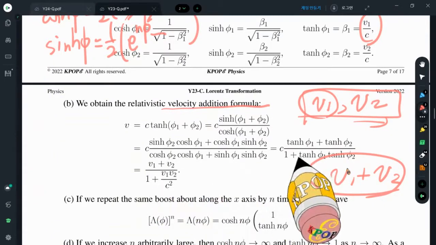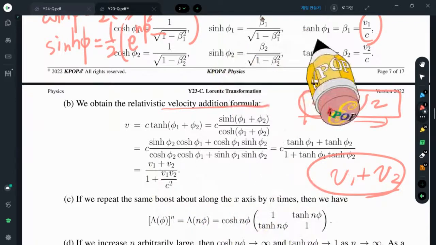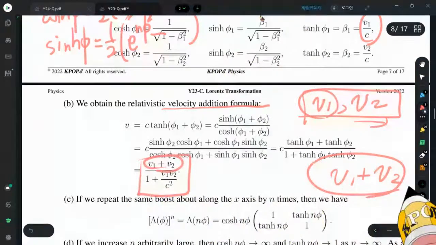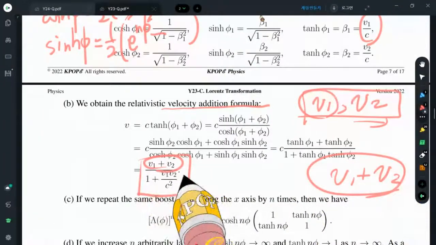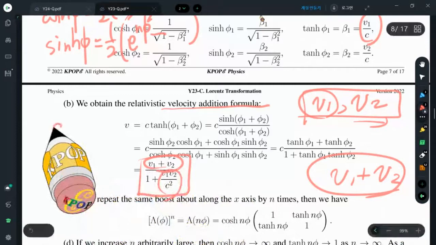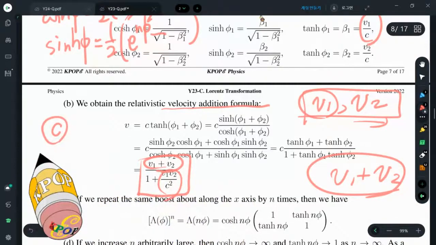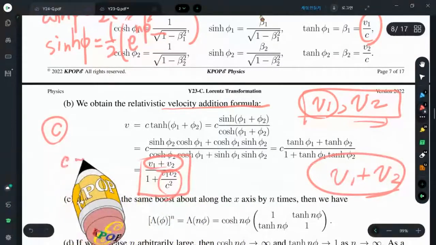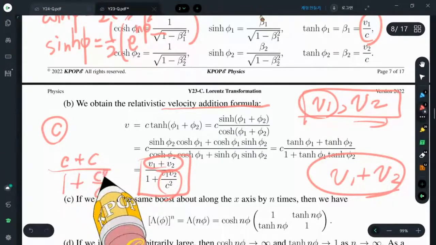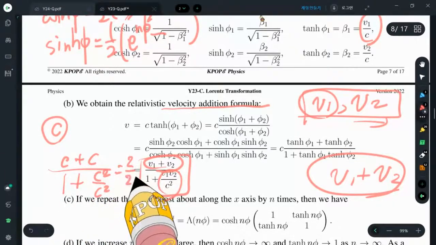Instead, its value, according to our analysis, is the sum of the two velocities divided by something else. And even in the case you are flying with the speed of light, substitute c everywhere. What's that? 2 divided by 2, it is 1.